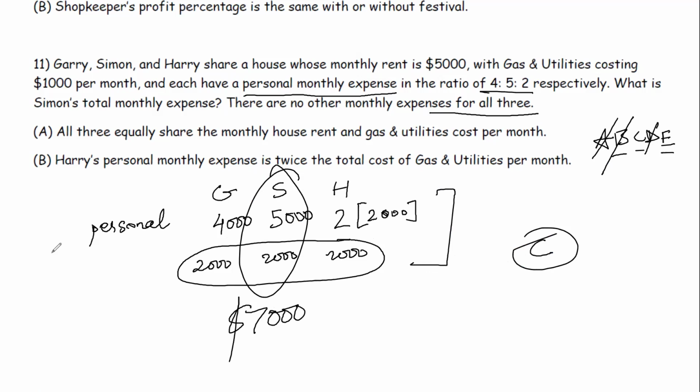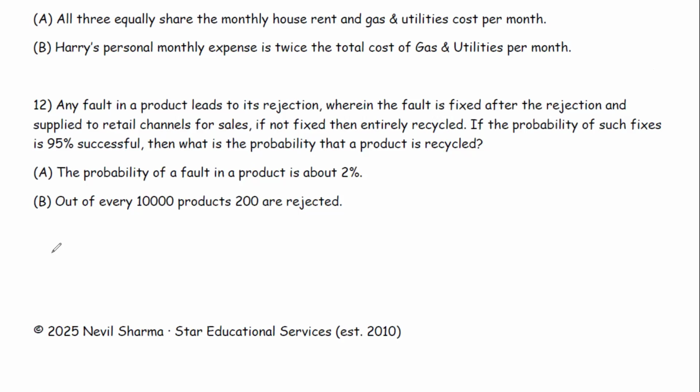12th one. Any fault in a product leads to its rejection, wherein the fault is fixed after the rejection and supplied to retail channels for sales. If not fixed, then entirely recycled. Now, if the probability of such fixes is 95% successful, then what is the probability that a product is recycled?